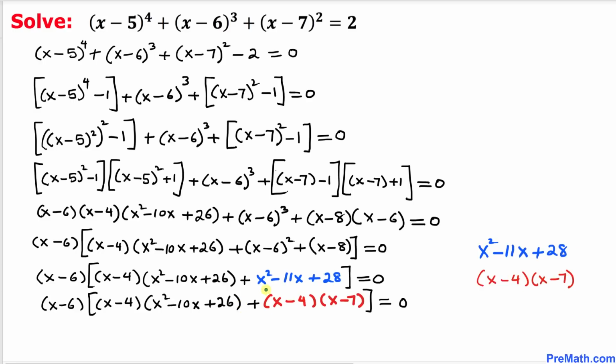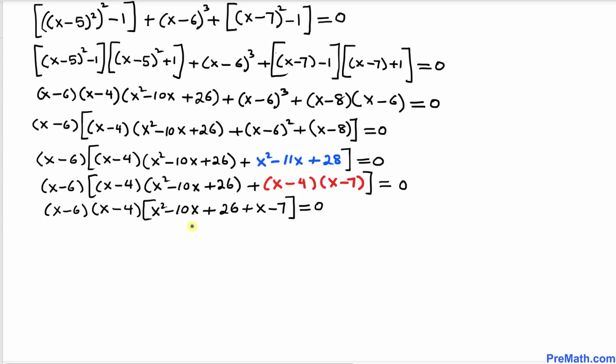And now in this next step, I have just factored this part into x minus 4 times x minus 7. And now we can see that x minus 4 is in common. And here in this next step, I have factored out this x minus 4 outside. So we are left with this part inside the bracket and then this part as well.